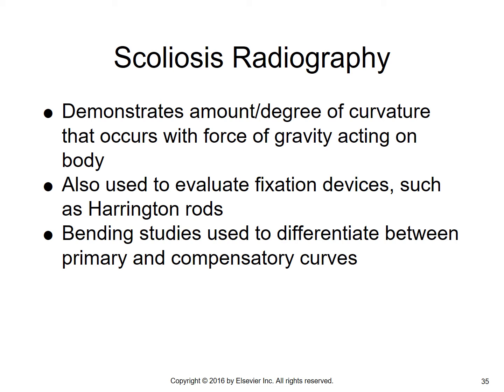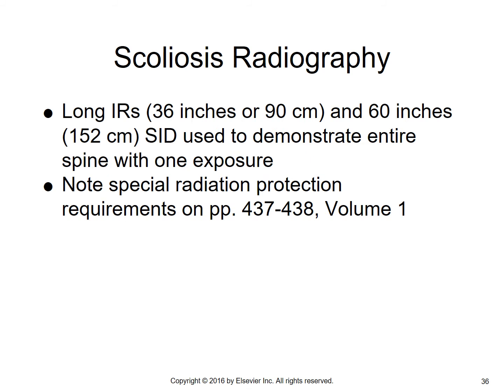Remember, your compensatory curve develops to keep the head over the body. Long IRs are used. A 60-inch SID demonstrates the entire spine with one exposure. Today with digital, we often use stitching to bring the images together.